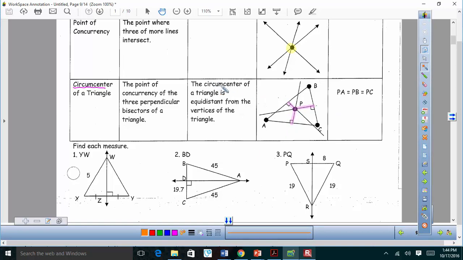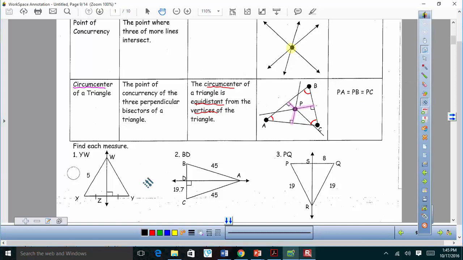Now it tells me that the circumcenter of the triangle is equidistant from the vertices of the triangle. So what are the vertices in this triangle? Do y'all remember what vertices are? No? Okay, vertices are just the corners, or where the two sides meet. So A is a vertex, B is a vertex, and C is a vertex. So this tells me that from the circumcenter to the vertices, the distances are equidistant.